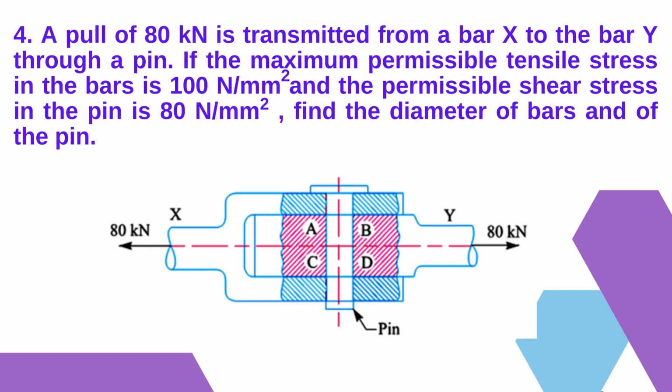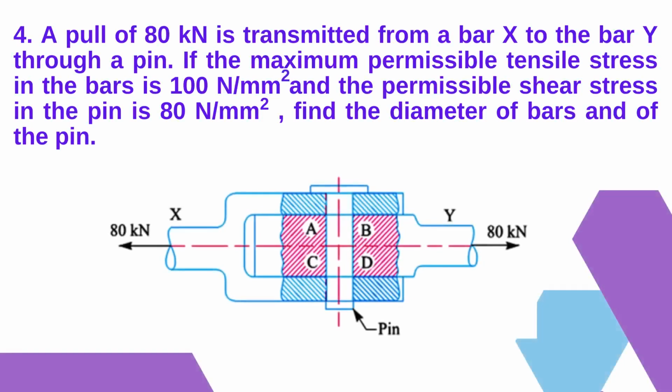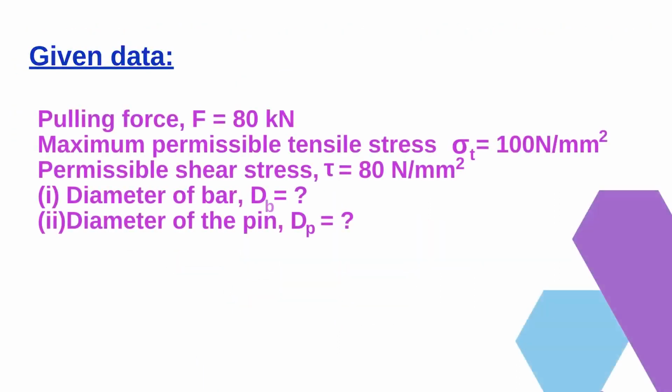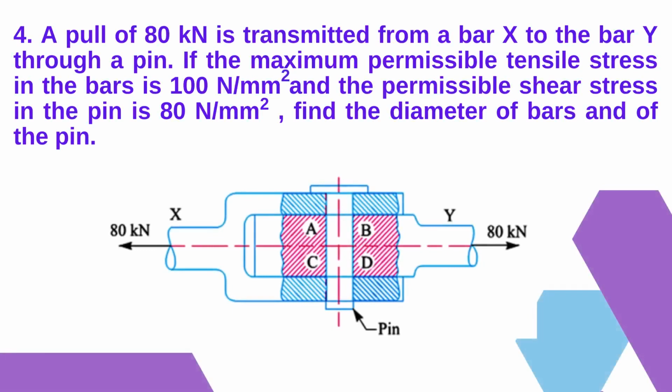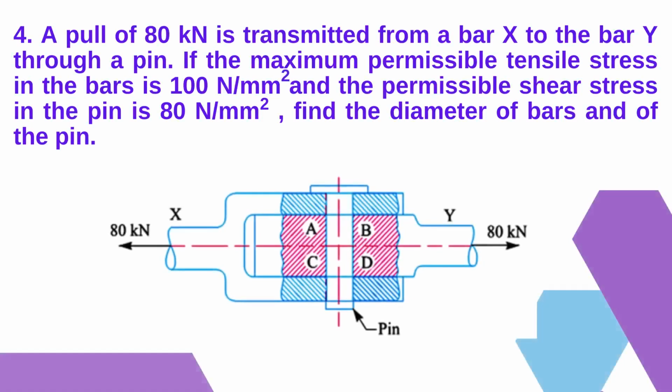Now let us list the data. A pull of 80 kilonewton is transmitted from a bar X to the bar Y through a pin. So pulling force F is equal to 80 kilonewton. The maximum permissible tensile stress in the bar is 100 Newton per mm square, tensile stress sigma suffix T is equal to 100 Newton per mm square, and the permissible shear stress in the pin is 80 Newton per mm square.